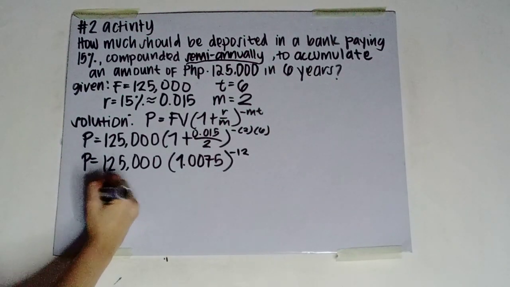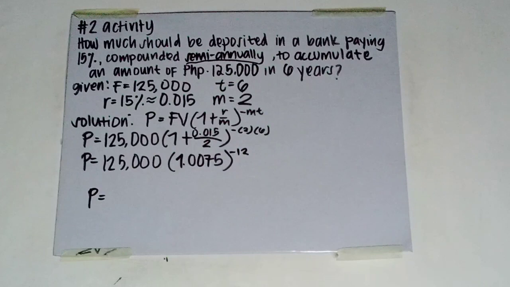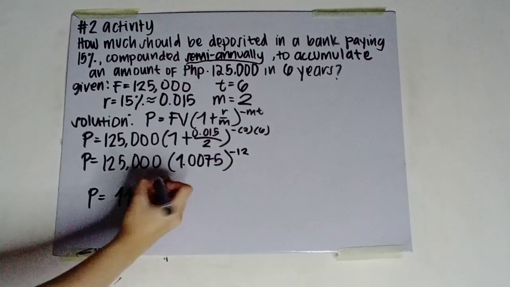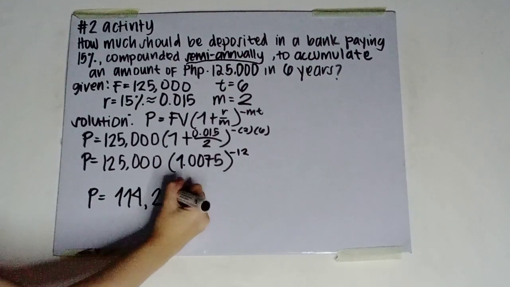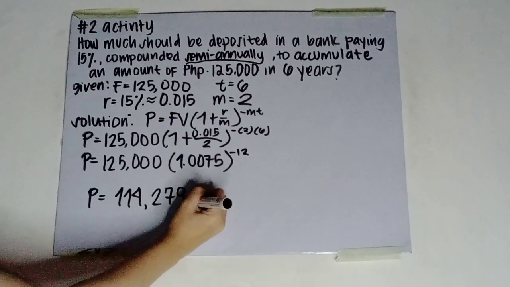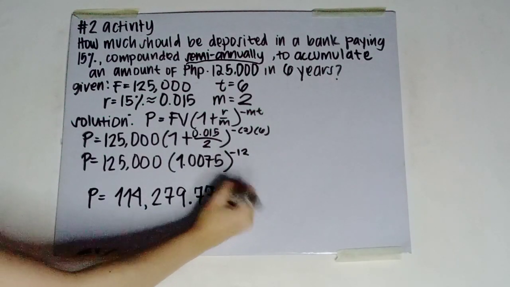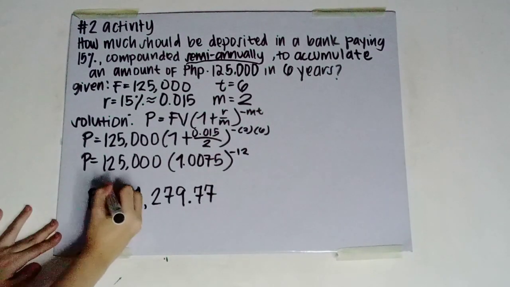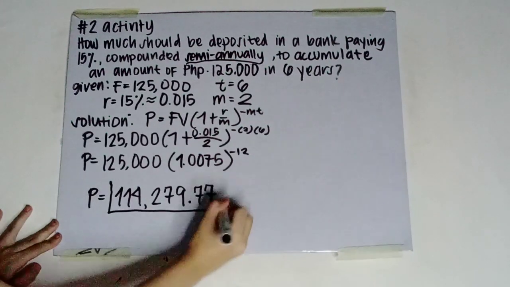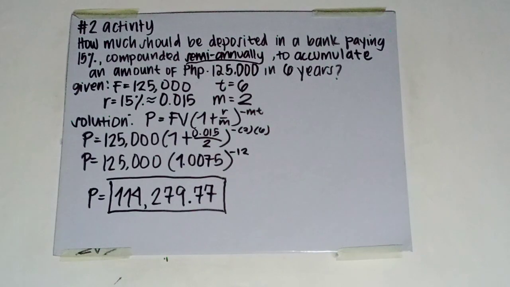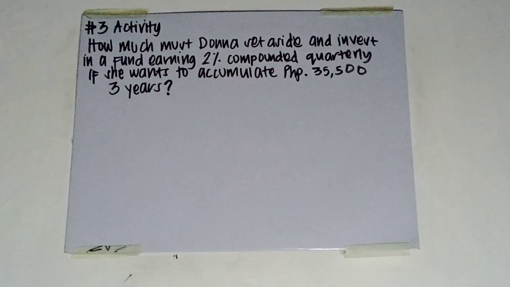So multiply 125,000 times 1.0075 raised to negative 12, which is equal to 114,279.77. So again, the principal is 114,279.77 pesos.